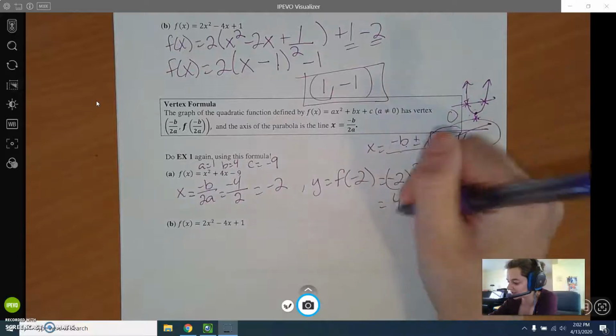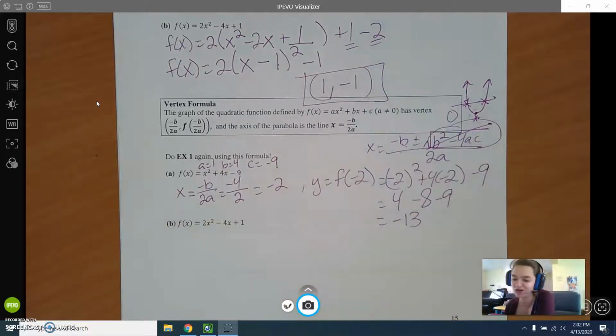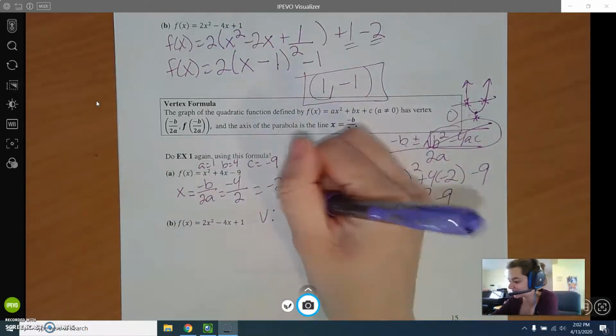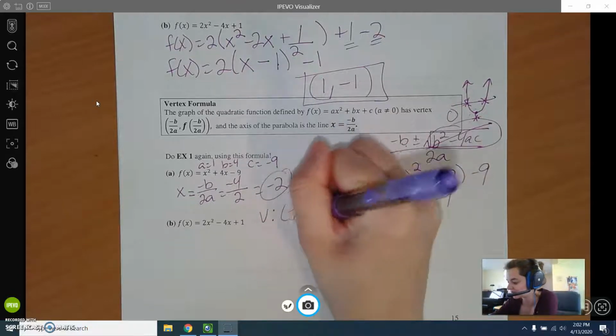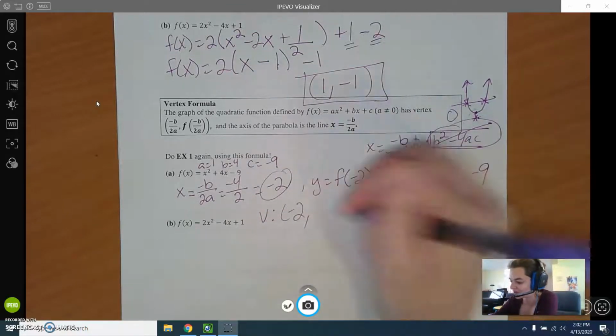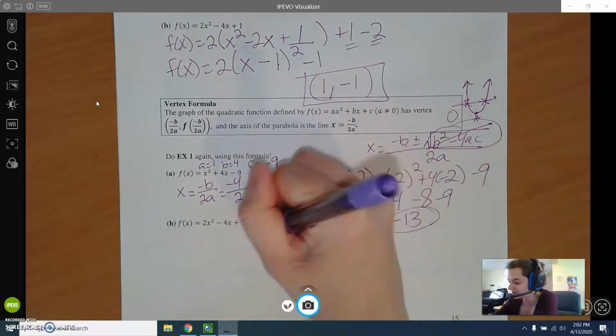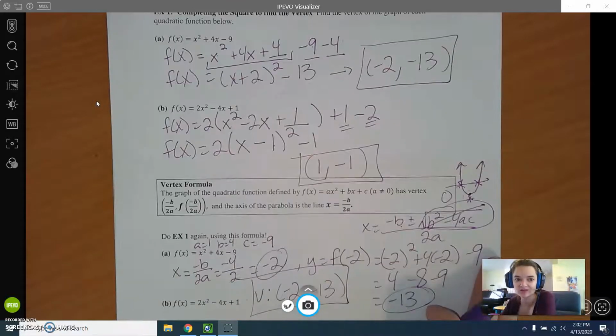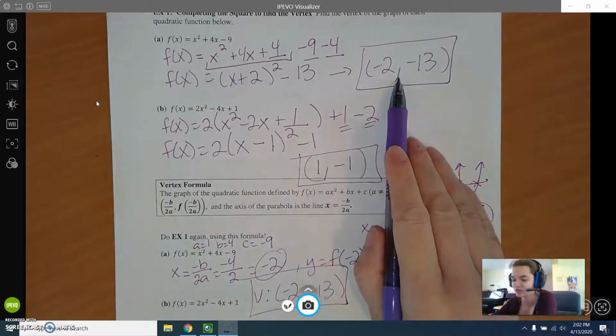And -4 minus 9 is -13. And putting both of those together to give our vertex, the x value is right here, it's -2. And my y value, I just found it, is -13. And you'll notice that's exactly the same thing that we got in part A of example 1.